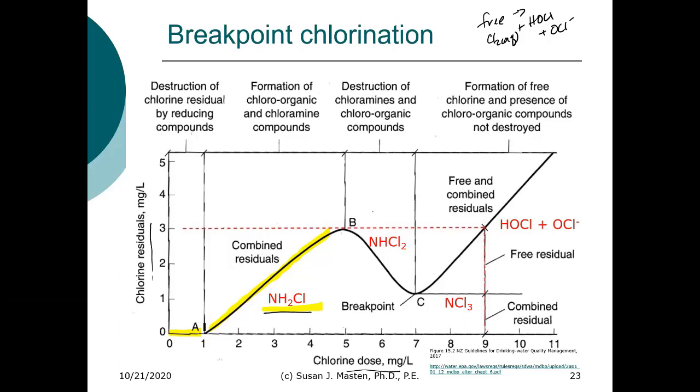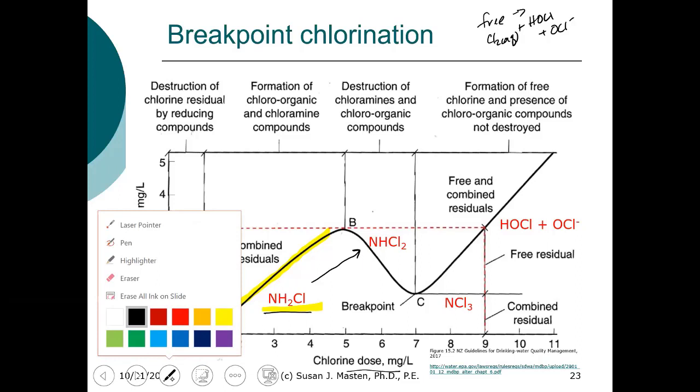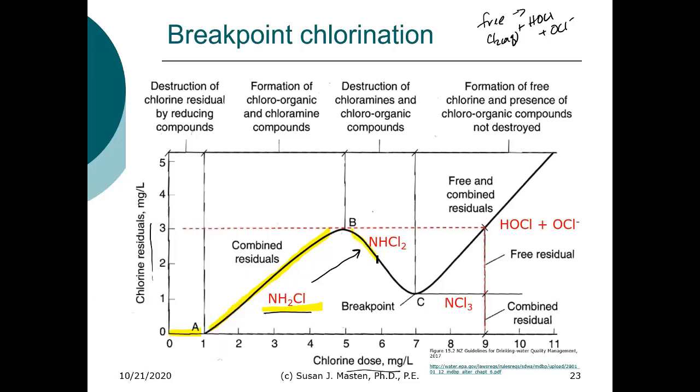And as we increase the dose, the combined residual increases. If we continue to increase the dose, now what we start to form is the dichloramine. So we're converting the monochloramine to dichloramine, but dichloramine isn't a strong disinfectant. So now our chlorine residual starts to decrease.